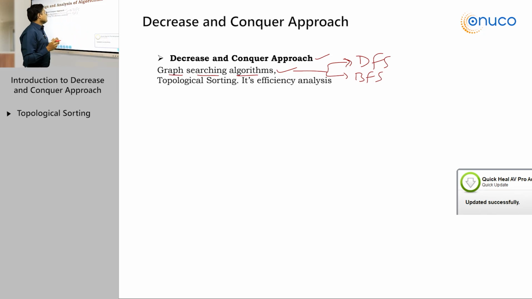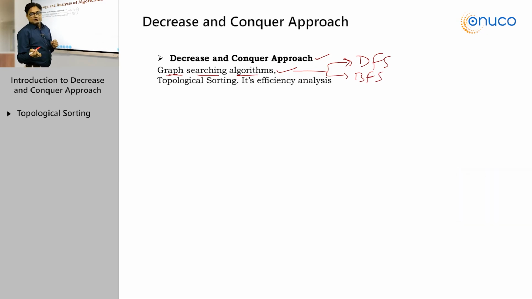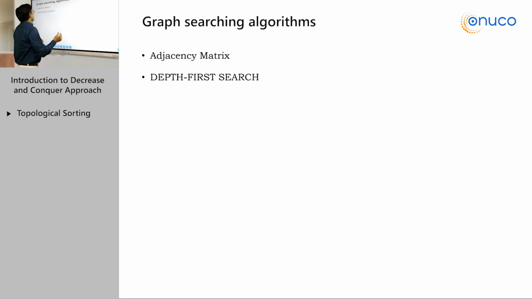So there is a way: in place of the graph, we can give an adjacency matrix as input to the program. I believe most of you will be aware of what an adjacency matrix is. So let us see that, and thereafter we will start discussing the graph search algorithms.